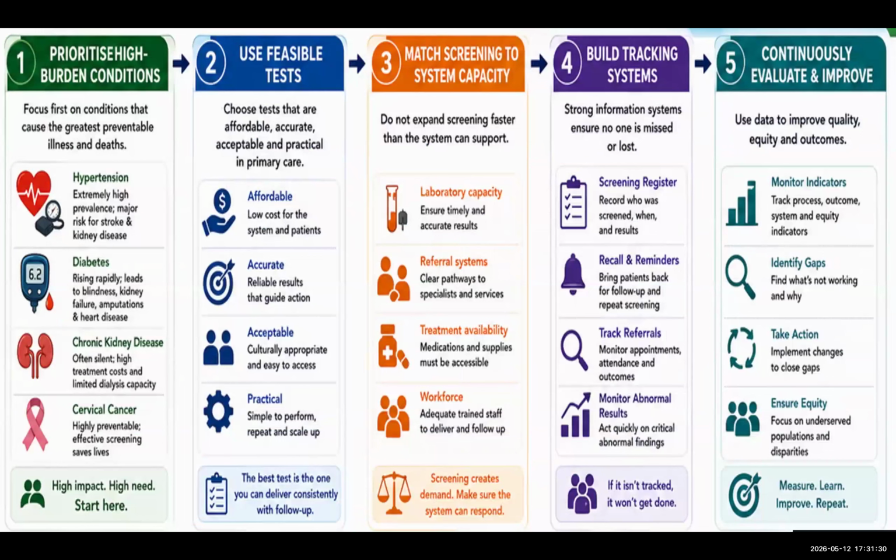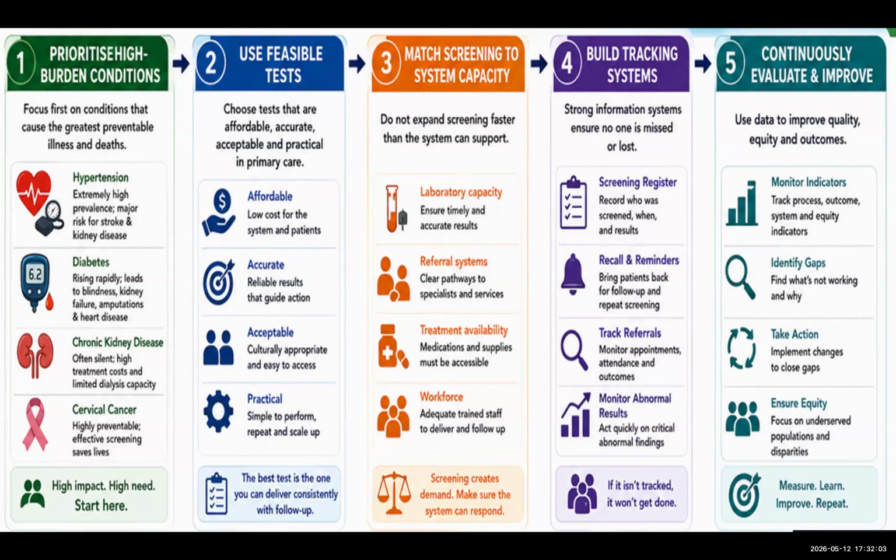This here now is more or less a toolkit or pathway for the screening programs that we identified, right? We said we wanted to prioritize the high-burden conditions: high blood pressure, diabetes, CKD, cervical cancer. Then use feasible tests. So while we have global guidelines, if they are not applicable or are high cost, we need to adapt. Once it's affordable, accurate, and acceptable, we need to use these. And then we need to look at the system capacity.